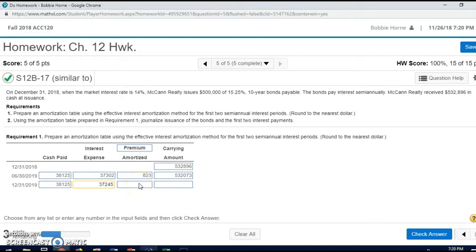So the difference between 38,125 minus 37,245 would be 880. So we're going to subtract the premium we're amortizing from the carrying amount, and now we're down to 531,193.